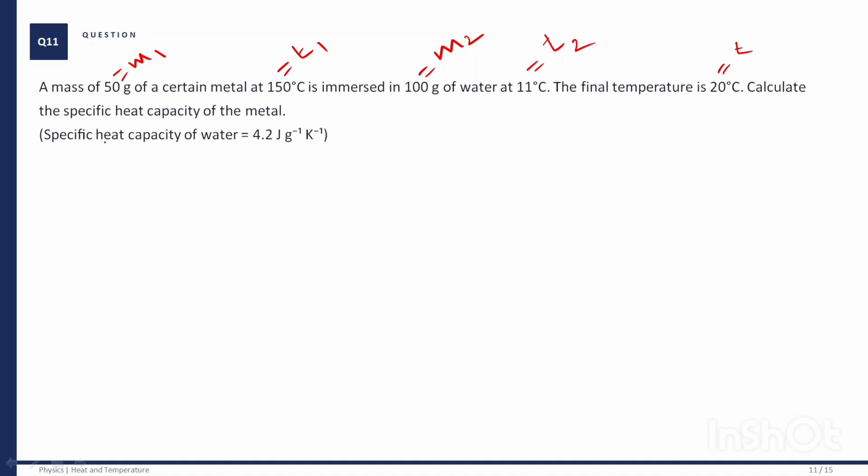What we need to find is the specific heat capacity of the metal. And it is given 4.2 for water. So this is the method of mixture principle. Net gain equal to net loss. So I will write here net gain equal to net loss.